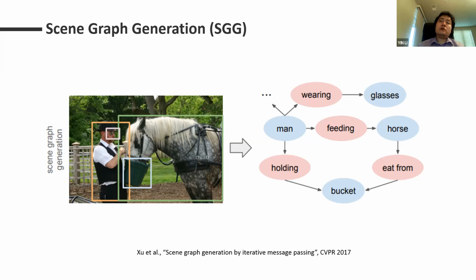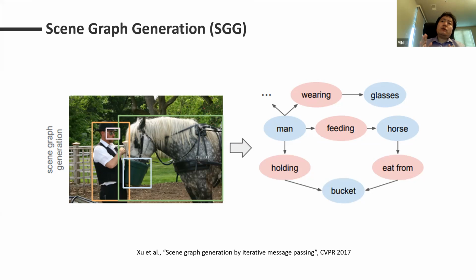Here, a graph is defined as follows. It has nodes as objects, representing objects in the image. These objects are actually localized, so you can think about each of these object nodes as a bounding box in the image domain that comes with the label of that object.